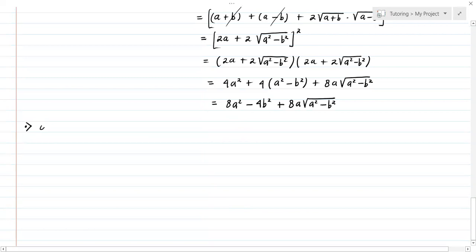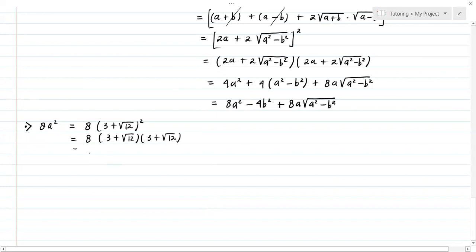We have A squared, so it is equal to 8 times. We know the value of A in the beginning is 3 plus root of 12, squared. So the result will be 8 times 3 plus root of 12 times 3 plus root of 12.